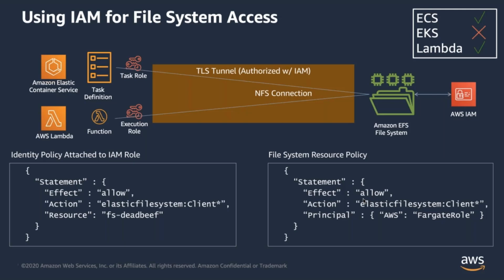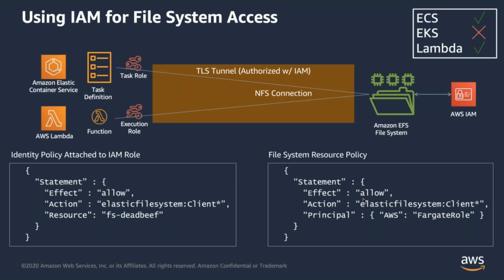So you see here in the example, there's a file system that's being connected to by an Amazon Elastic Container Service task, as well as an AWS Lambda function. The task has what's called a task role associated with it. The Lambda function has what's called an execution role associated with it. And those are the roles that are evaluated when the application connects to EFS to determine whether it is allowed to do so or not.